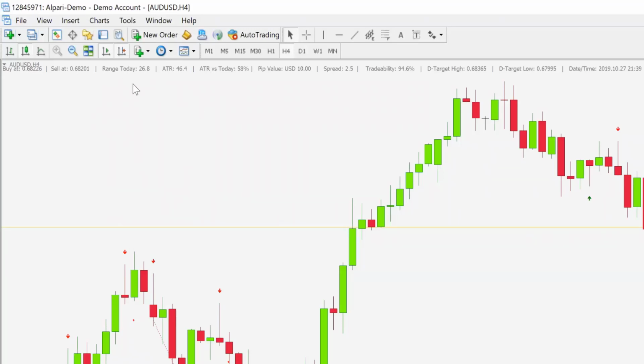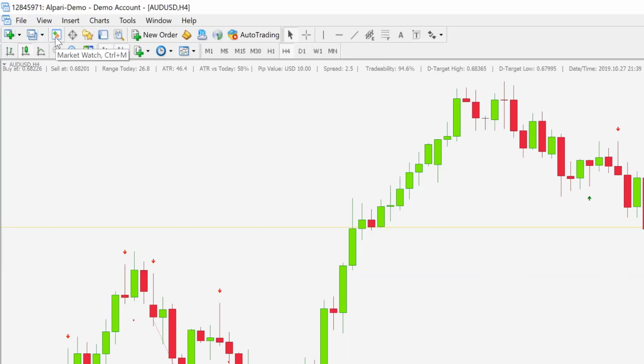If you go across, you will see pip value, and then spread. On this broker, AUD USD, the currency pair we are on now, is a 2.5 pip spread.